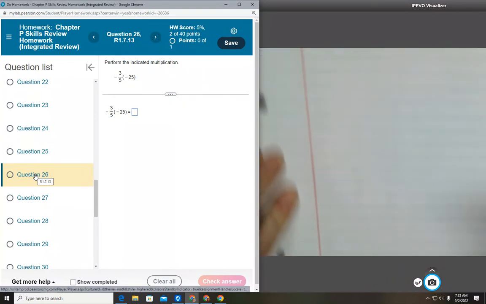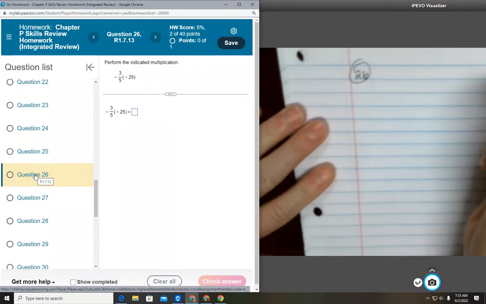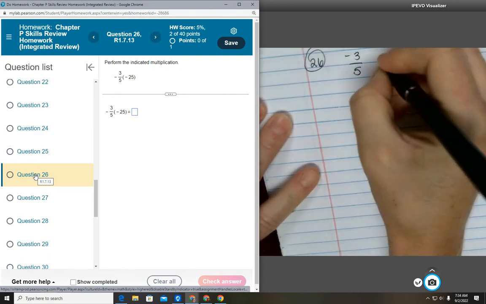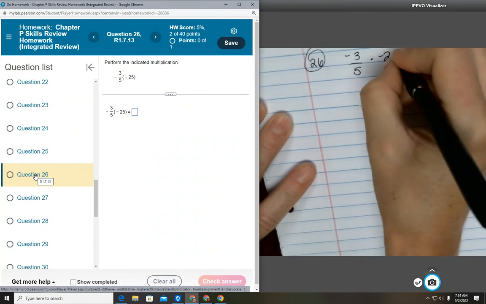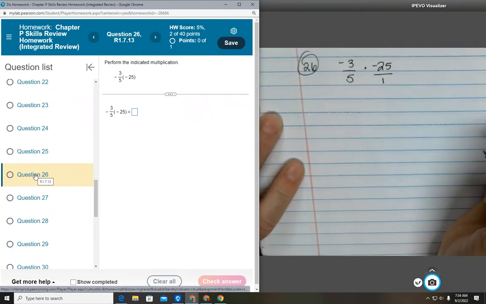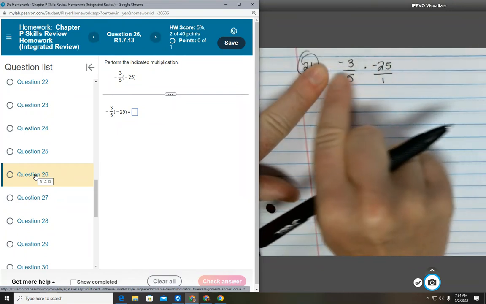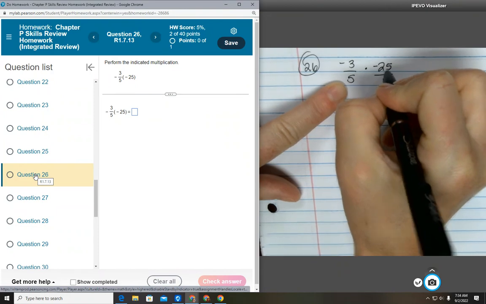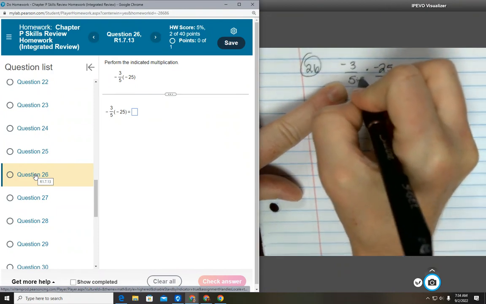Let's see the next one, number 26. Negative 3 over 5, and that's a multiply, so times a negative 25. That would be 25 over 1. You can multiply straight across and then reduce, or you can look and see, can I cross cancel? I know 25 and 5 have 5 in common, so I'm going to divide by 5.